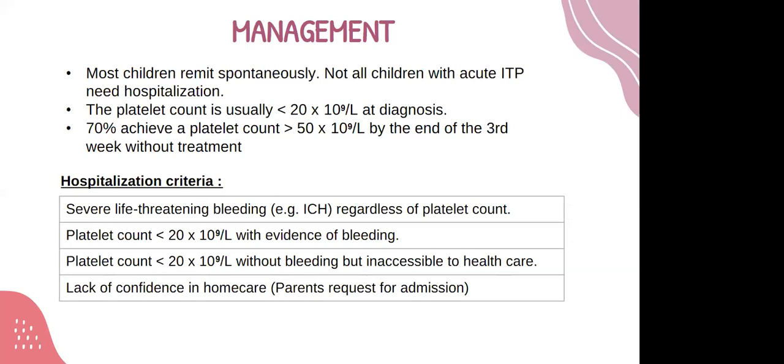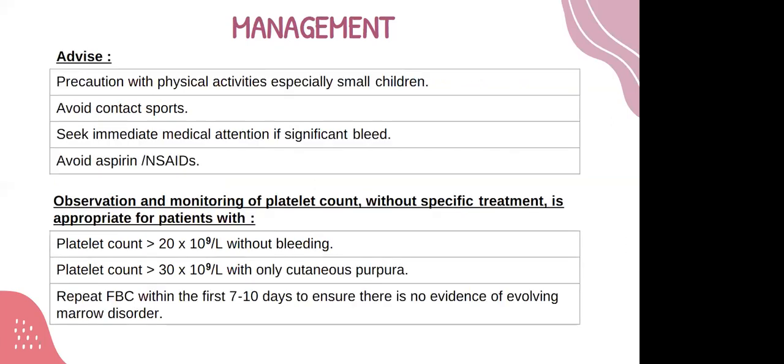The hospitalization criteria are when the patient has severe life-threatening bleeding, for example intracranial hemorrhage, regardless of their platelet count, and also when the platelet count is less than 20 times 10 to the power of 9 per liter with evidence of bleeding, or when the platelet count is less than 20 times 10 to the power of 9 per liter without bleeding, but the patient is inaccessible to healthcare. And when the parents themselves request admission because they lack confidence to take care of their children at home.